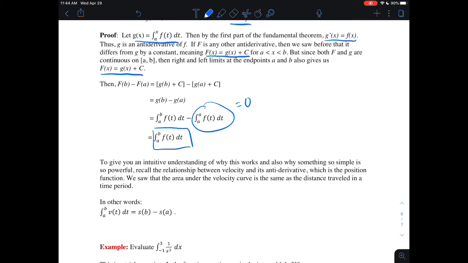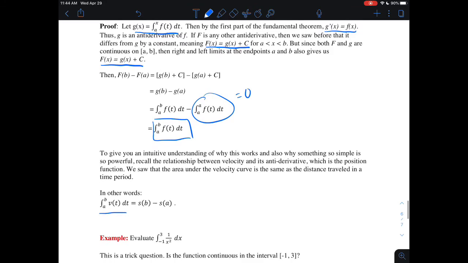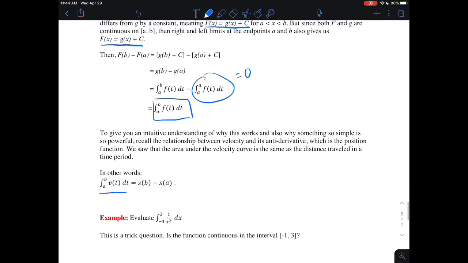In other words, the integral from a to b of the velocity function v of t with respect to t will be equal to the position at b, the end, minus s of a, the position at the beginning. So a very powerful result, but also very simple to use.